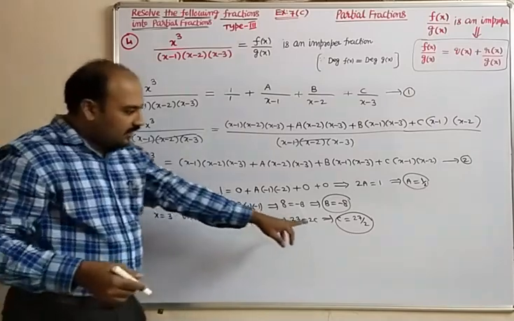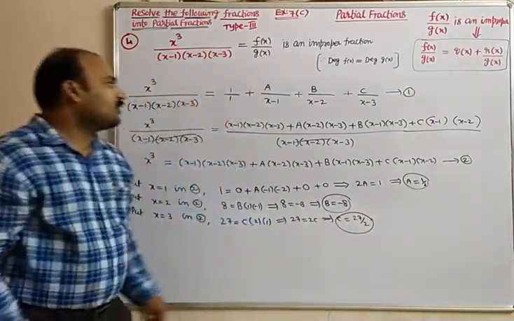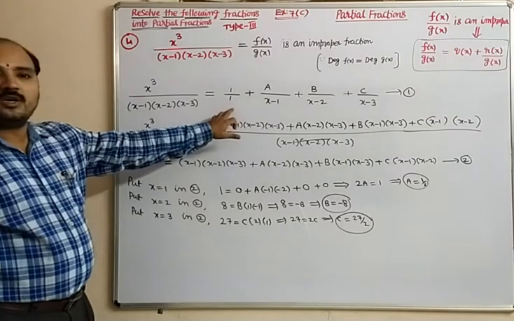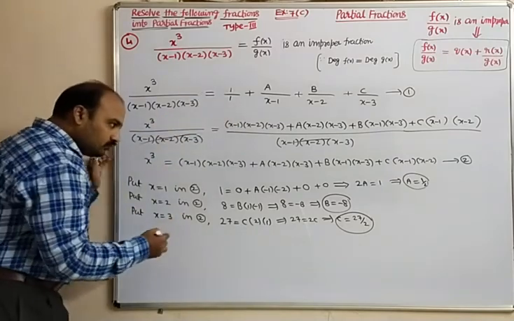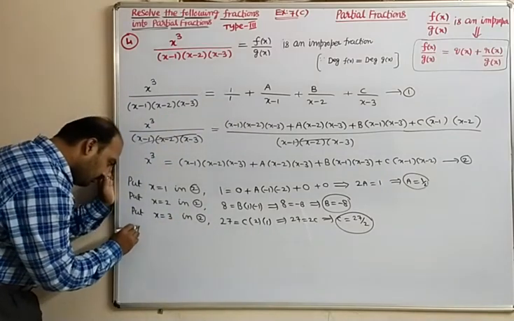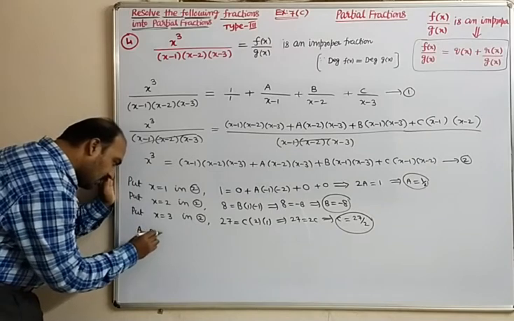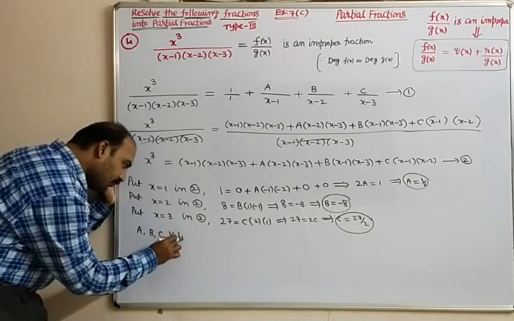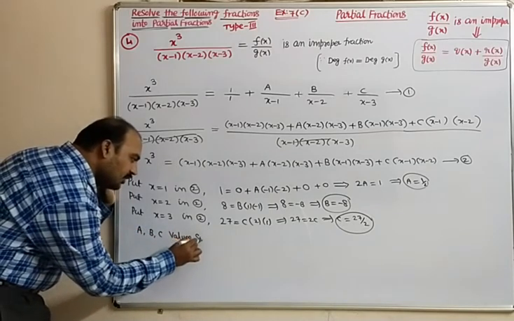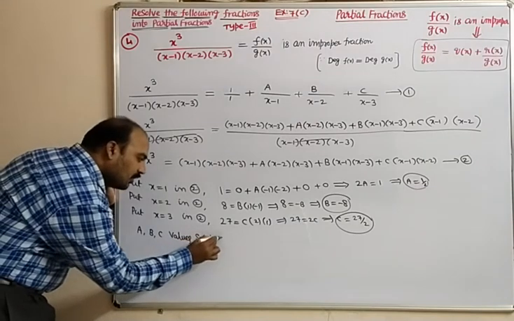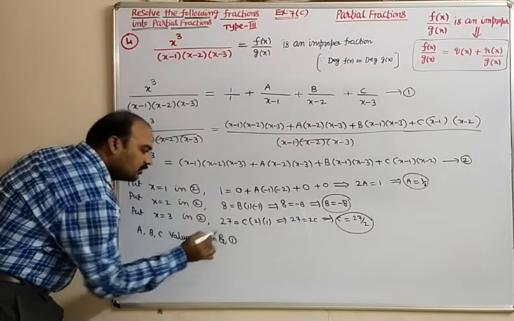So after getting the values of A, B, C, substitute in equation 1. Now capital A, comma B, comma C values substitute in equation 1.